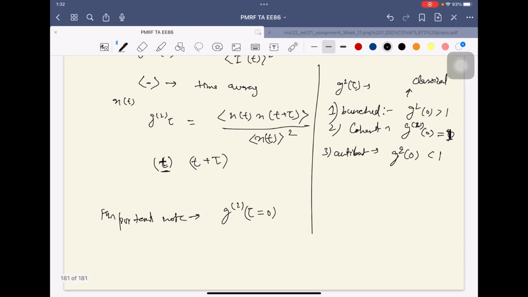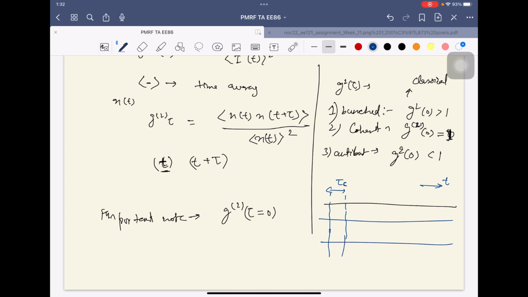For example, this is the time axis, and this is tau c, that is, temporally coherent light. Let's see three types of phenomena.